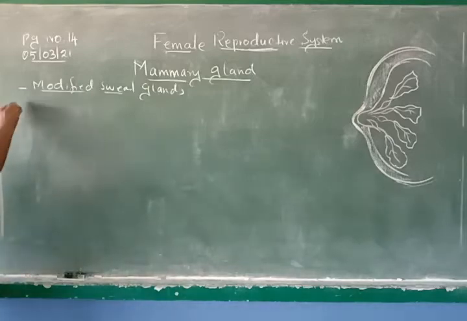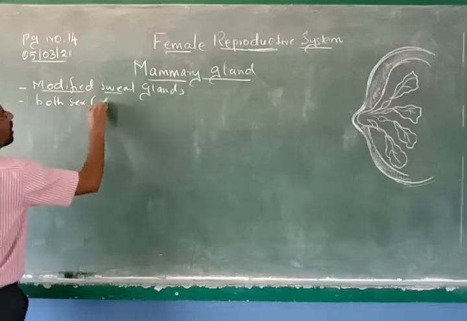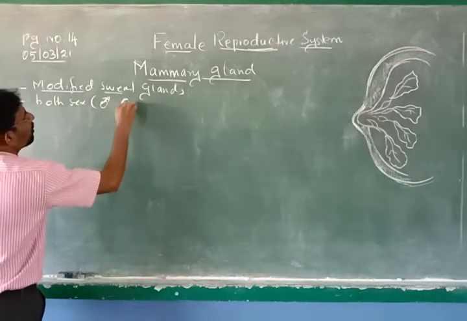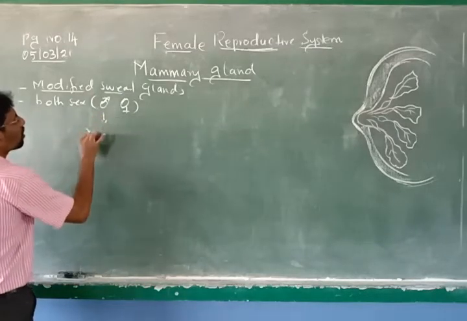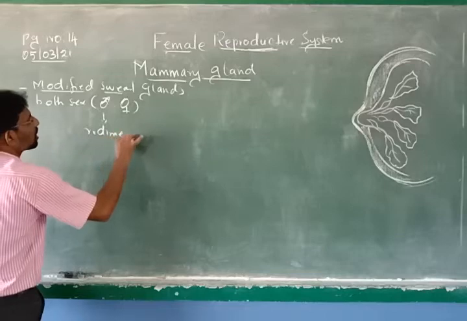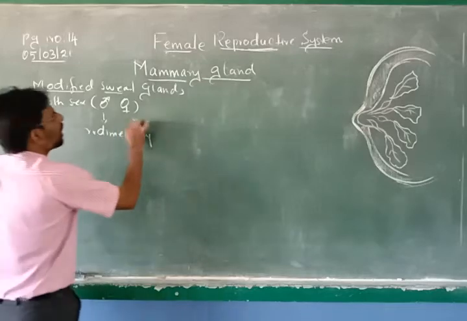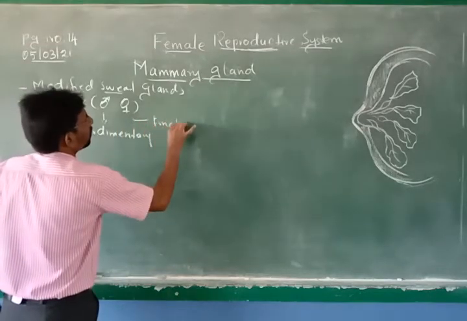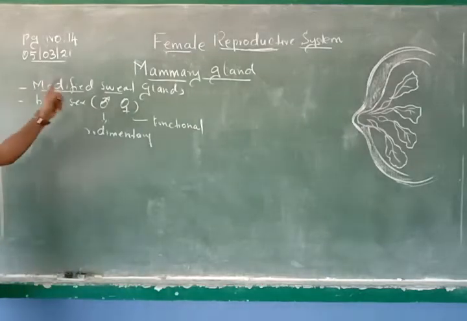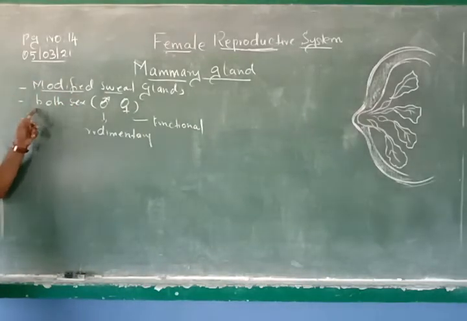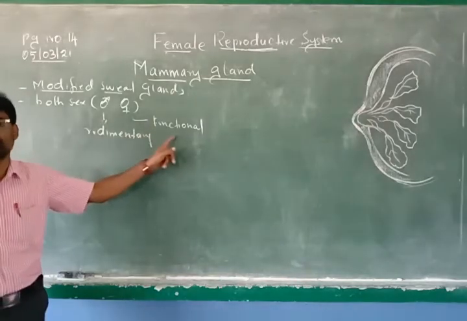This is present in both sexes, male as well as female, but in males it is rudimentary, which means it is not doing any function, while in females it is functional. So this is the modified sweat gland, present in both sexes, rudimentary in male and functional in female.